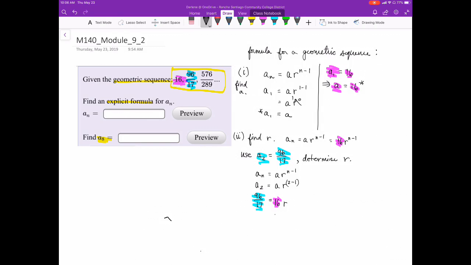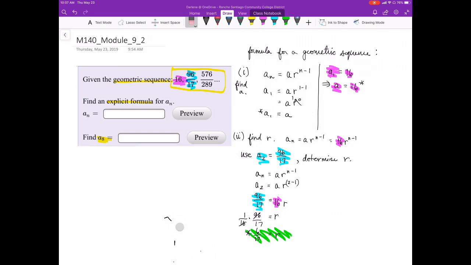So I can solve for r by just multiplying by the reciprocal of 16, or divide by 16. So it'll be 1/16 times 96 over 17. So if I do that, I get 6/17 is equal to r. Okay, so here is my other piece of information.